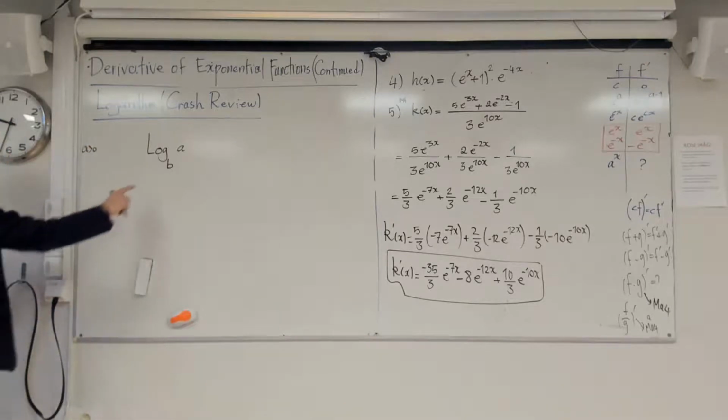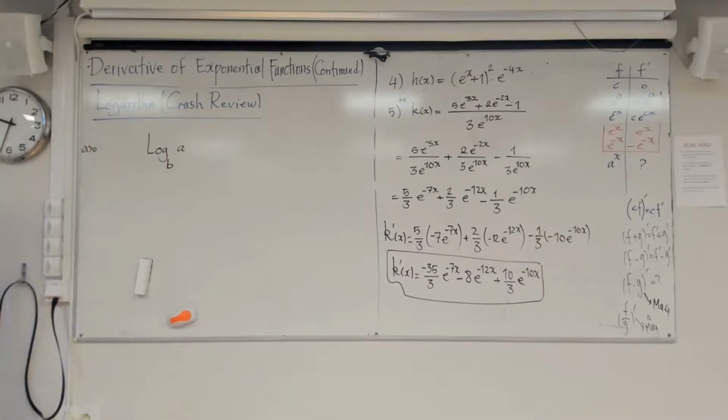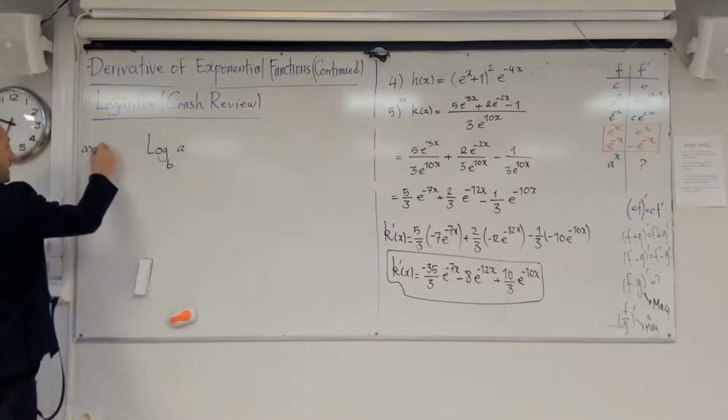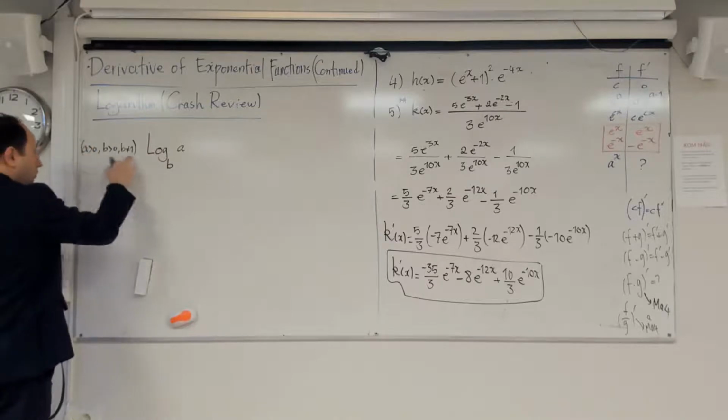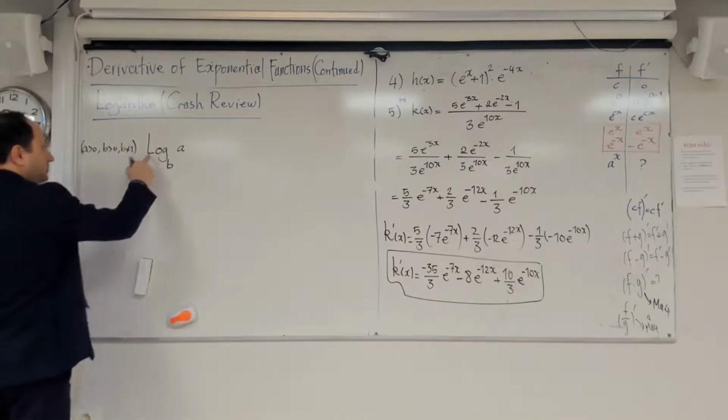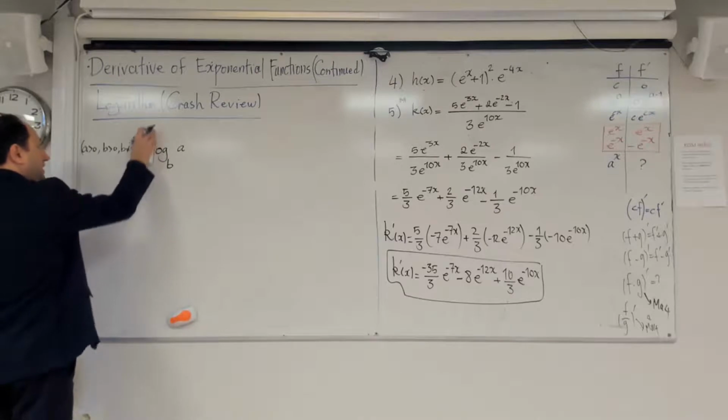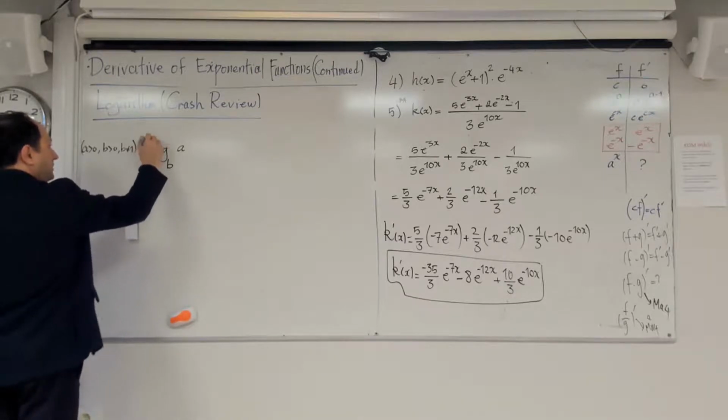The number that's playing the role of the base not only cannot be negative, it also cannot be equal to 1. So there are two limitations for the base. Base should also be positive, but not equal to 1. If you respect all these conditions, then you're allowed to talk about log. You don't need to write capital A, by the way. I don't know why I wrote capital A. It's LOG.